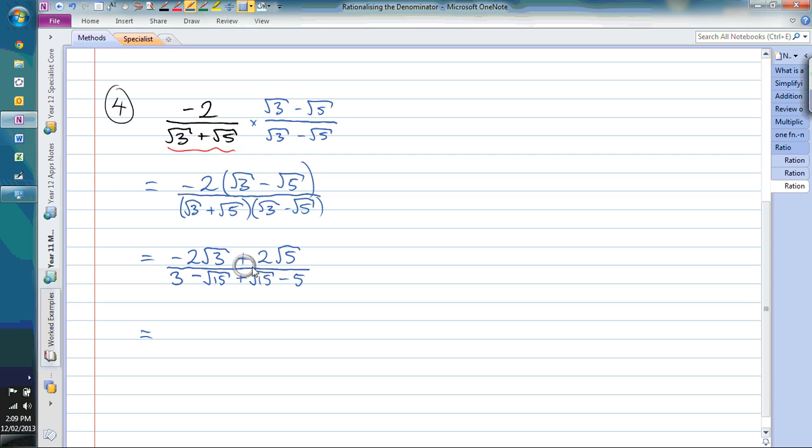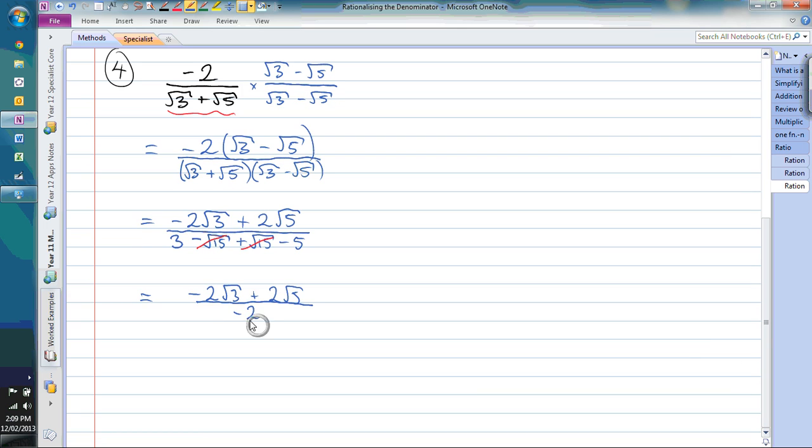And on the top, there's not really going to be any simplification here. On the bottom, though, minus square root of 15 and plus square root of 15 are going to cancel out. 3 take away negative 5 is negative 2.